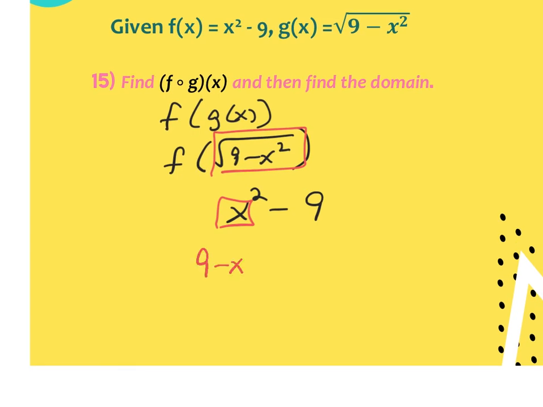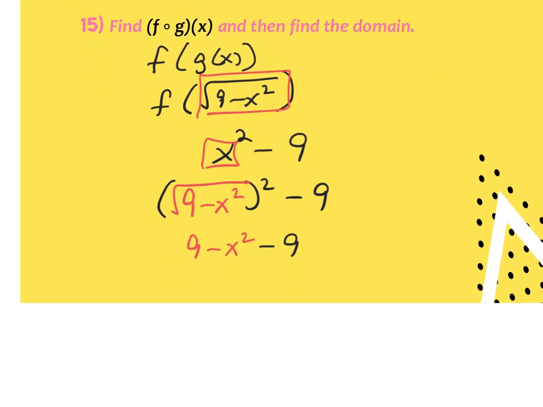So 9 minus x squared, and that thing was squared because it was an x squared, and then minus 9. Squaring that square root makes it disappear, so this just becomes 9 minus x squared, and then I still have the minus 9. Combine your like terms, so the 9's are going to cancel, and you're left with just negative x squared. Now, there's no radical here, no fraction, there's no restrictions.